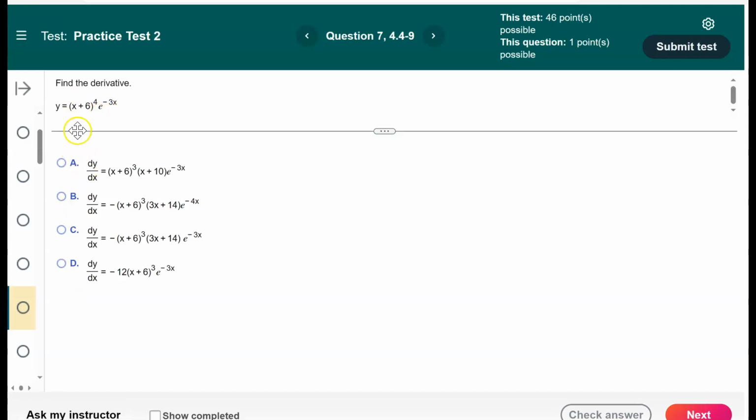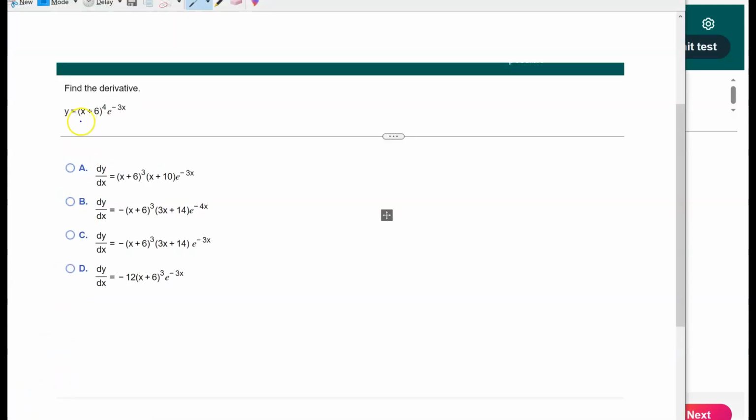Now, let's use the product rule to solve this. So you can think of this one as your u, and this could be your v. So y prime is just equal to u v prime plus v u prime.